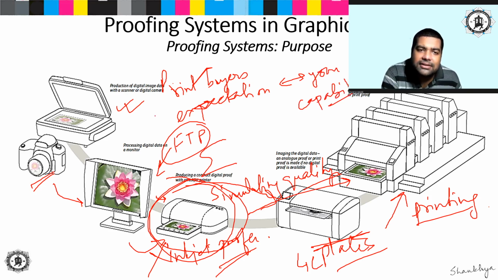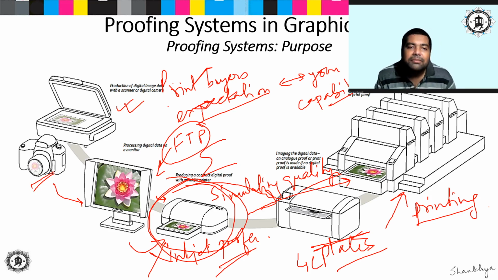Your printer is giving a maximum output of this much, but your print buyer's expectation is huge. If that is not met, then he will not pay you anything if you do not tell him that early on.